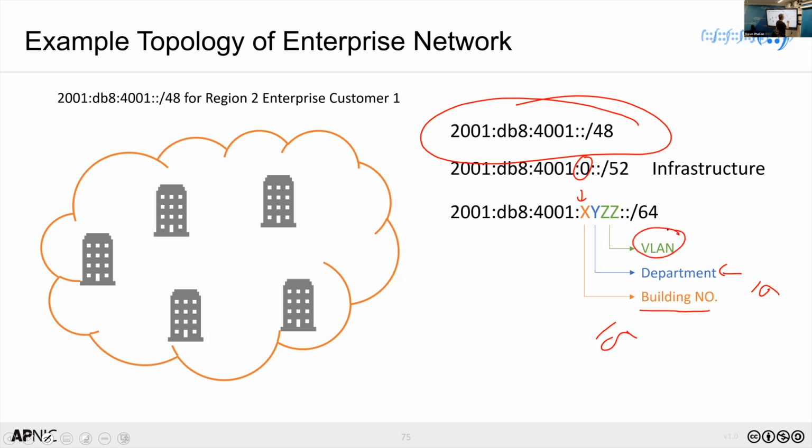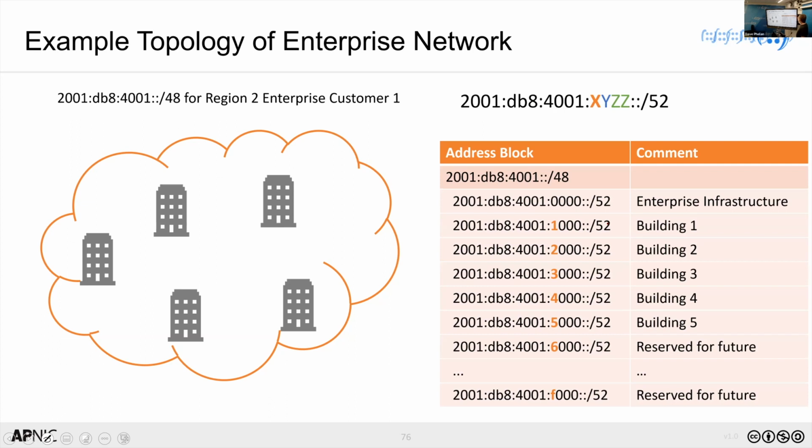And then I've got 8 bits for VLANing. It's a pretty simple plan. But looking at the addressing, you can look at that /64 and know exactly where each element is and where it belongs. That's one option.